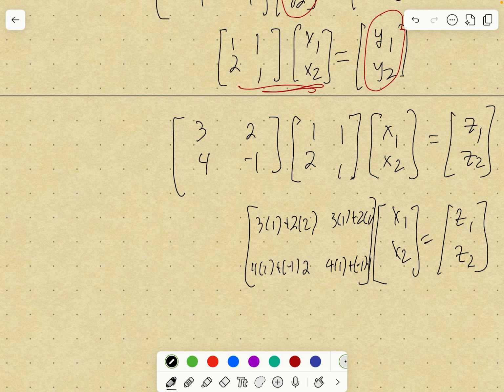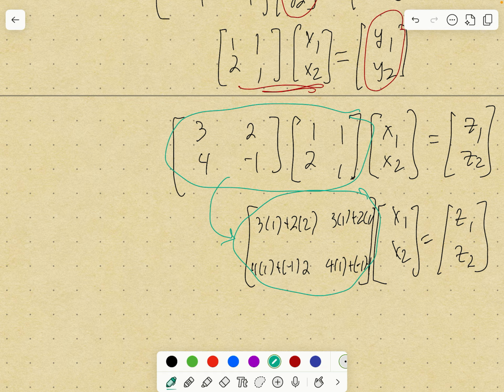So if we were to define the product of these two matrices, we should define this product to be that. These should be the same.